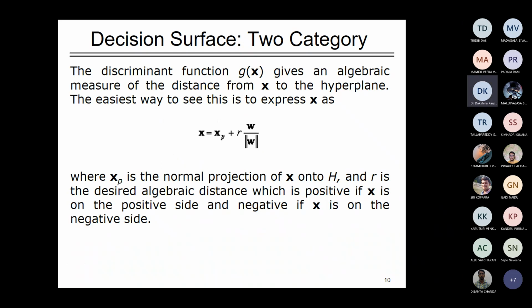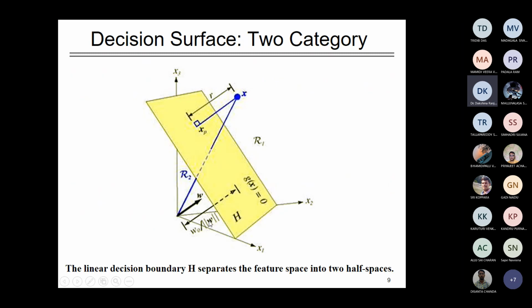Now if we want to express the feature vector x, then we can write x = xp + r w/||w||. So what is w/||w||?